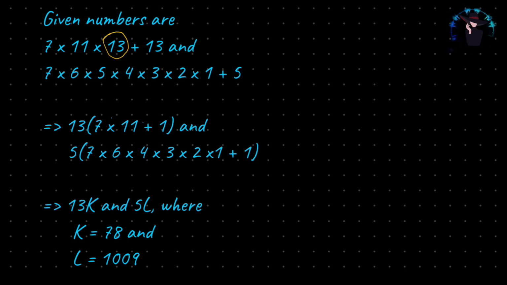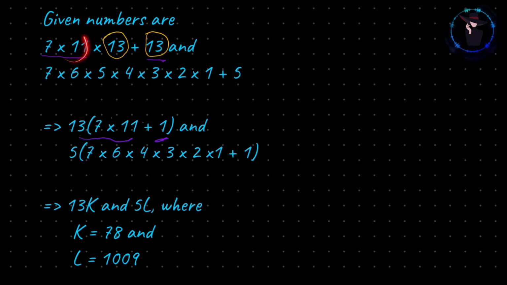The remaining things are 7 into 11 from this one, and if there is nothing here, then it should be 1. So that is what we wrote here: 13 taking common, 7 into 11 from this one, and 1 from this.